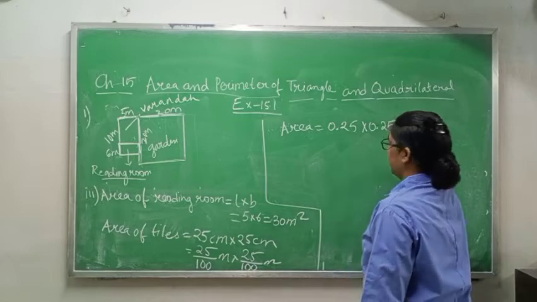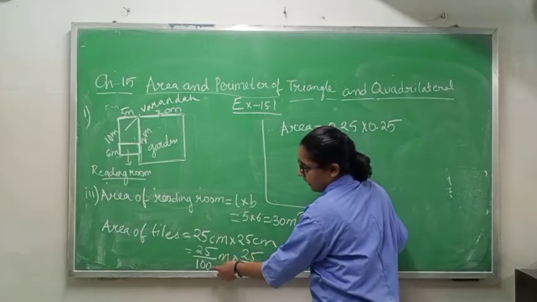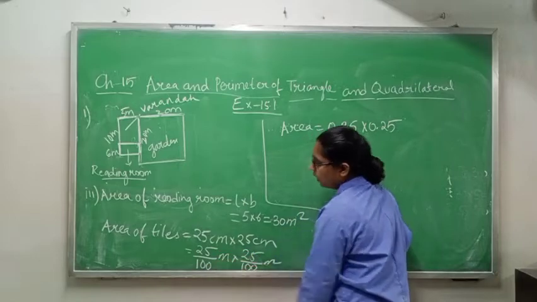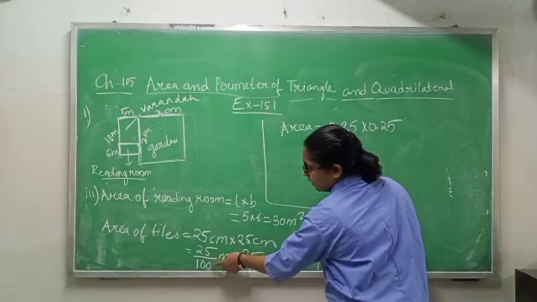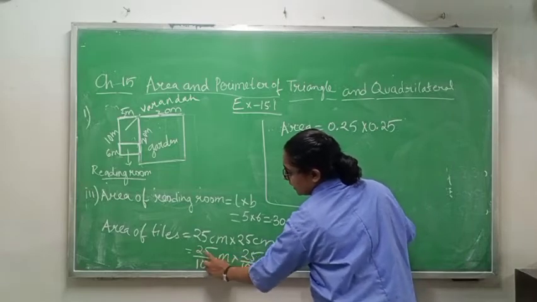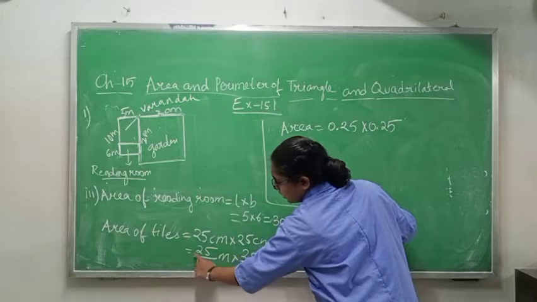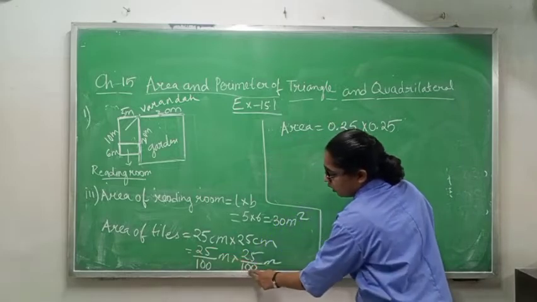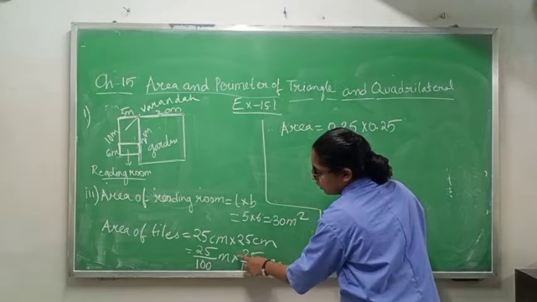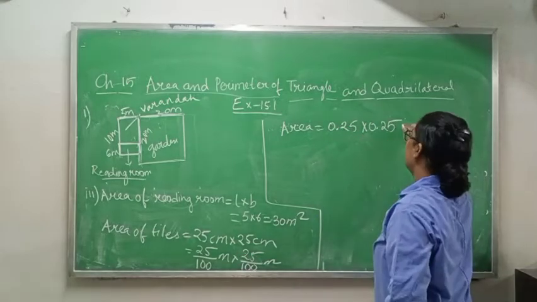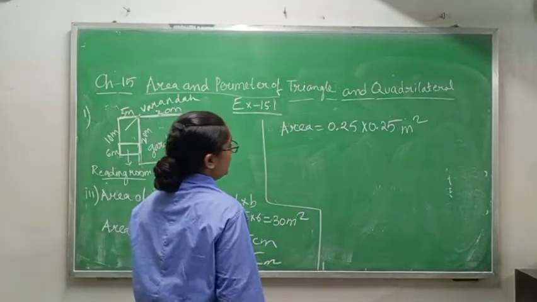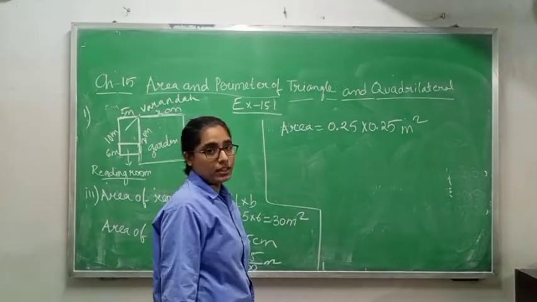Now you can ask me, here you have 25 by 100, either you can cancel or, since we have 2 zeros, when you divide, the decimal will come before 2 digits. So here 0.25 will come. Here also 2 zeros we have, so the decimal will come before 2 digits. So area of tiles we are getting 0.25 into 0.25 meter square.